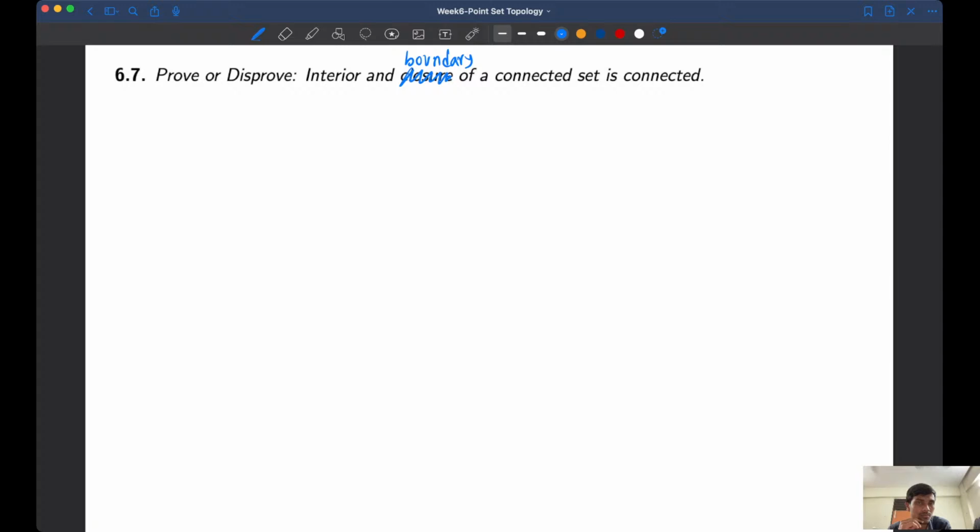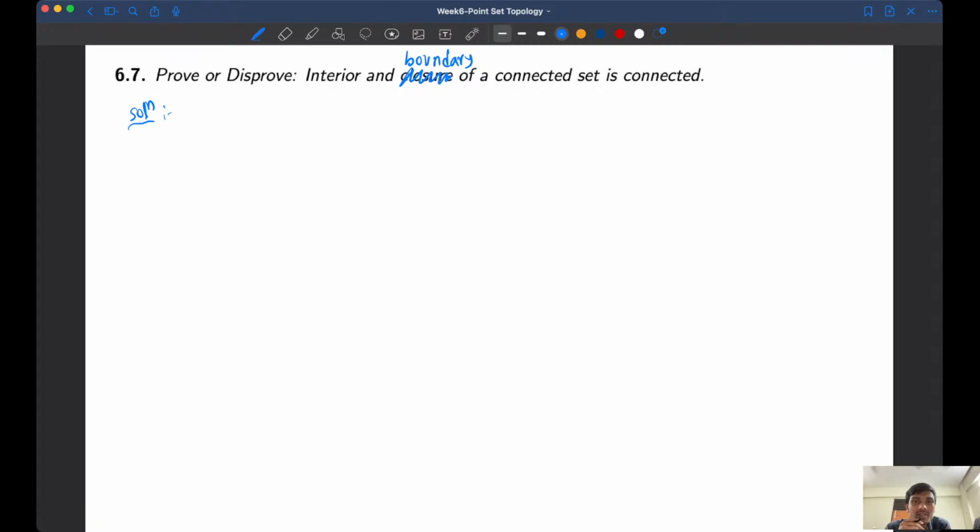The interior should not be connected for a connected set. Yeah, example. What is an example? Sine 1 by x.